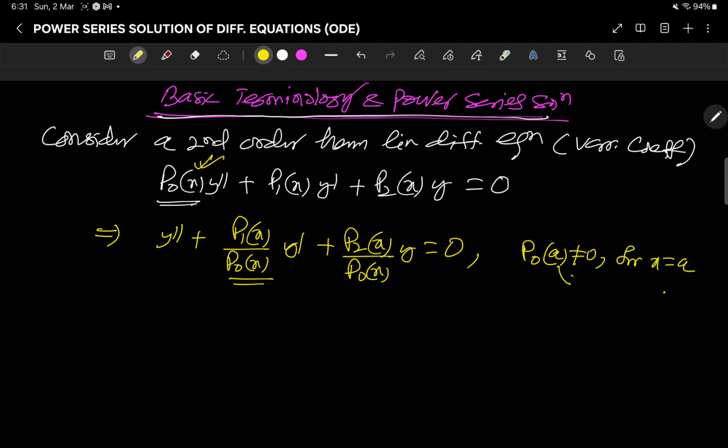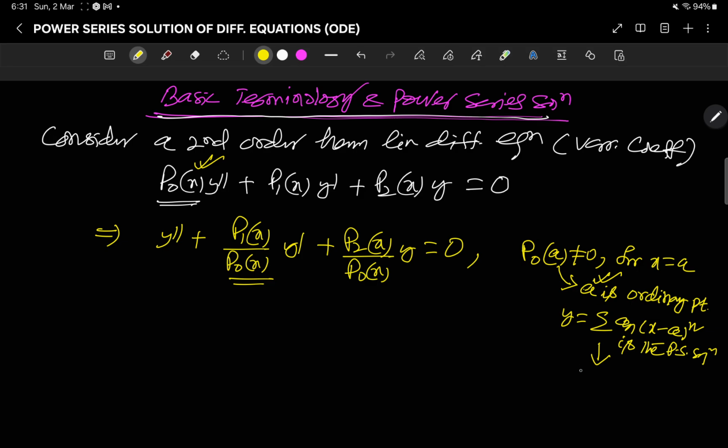Then this a is called your ordinary point. If a is an ordinary point, then we can choose a as a center, meaning the power series solution will be the summation of an into (x minus a) to the power n.